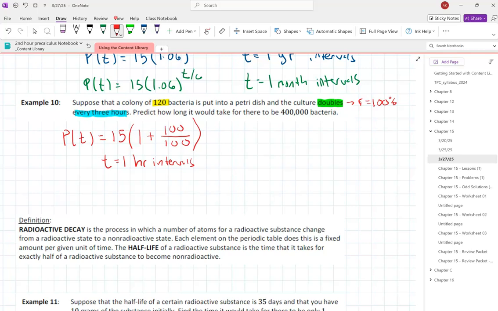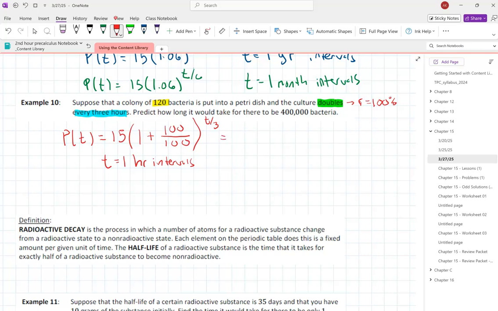So when t is equal to 1, how much of a 3-hour interval have I completed? 1/3, right? So this should be like t over 3. Because I've done 1/3 of that 3-hour interval when t is equal to 1 hour. Does that make sense? Now, it would be fine if I did t in 3-hour intervals, but I would just have to make sure that I remember to adjust my answer at the end.